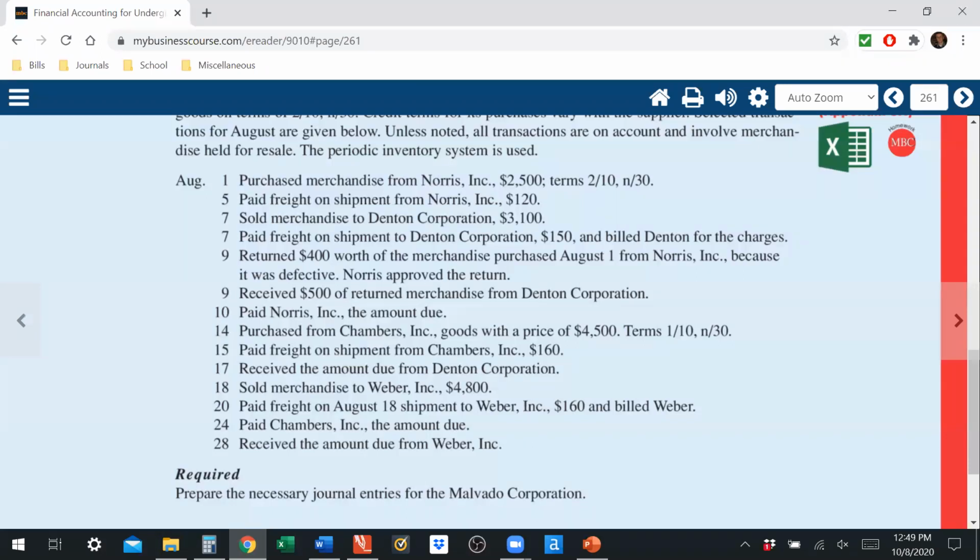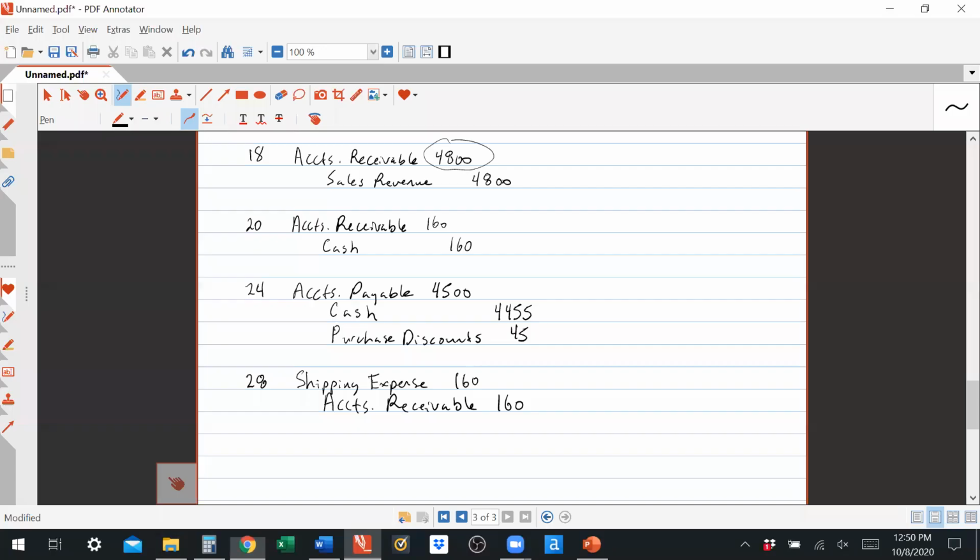They originally owed us $3,100, but then they returned $500 worth of stuff. But with Weber, they originally owed us $4,800, August 18th, and they haven't returned anything. So they owe us $4,800, and they're paying off their account.